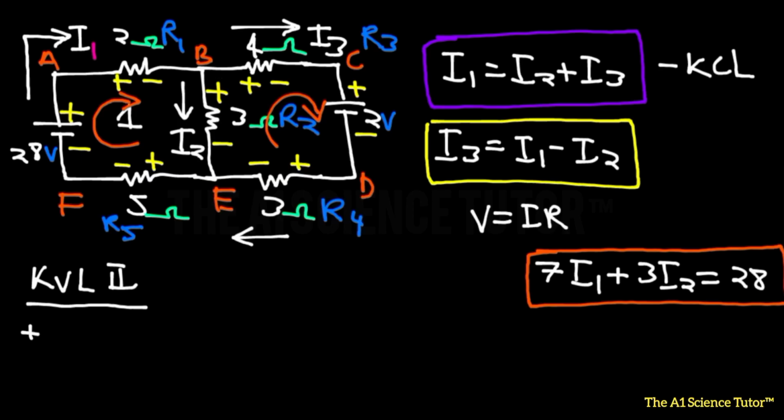We do not know the voltage wasted over the 3 ohms, but that will be equal to I2 multiplied by R2. Next up, we got the 4 ohms. That ends on a negative note, so that will be I3 multiplied by R3.